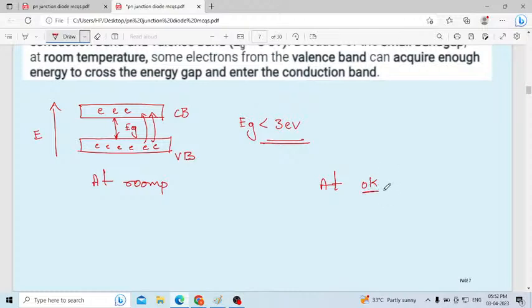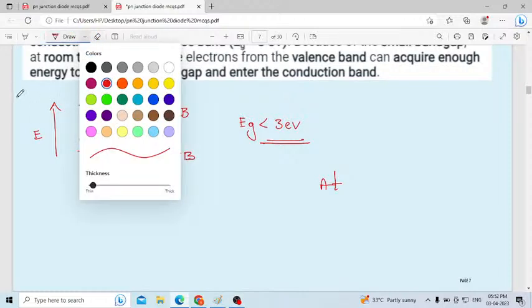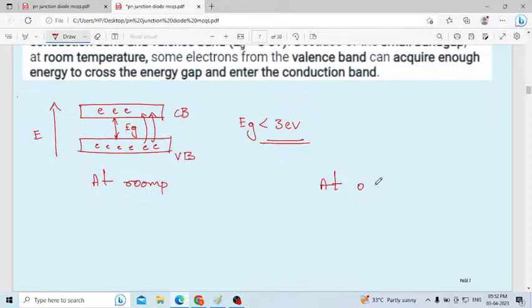That is very important, because the conductance, everything, depends upon the temperature. At 0 degree temperature, this semiconductor will act as an insulator.